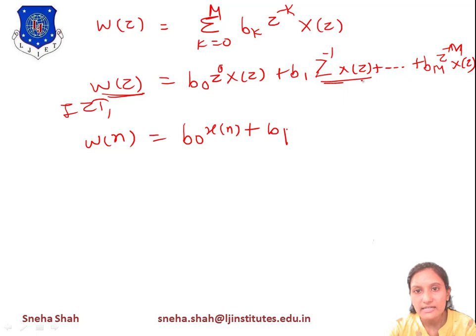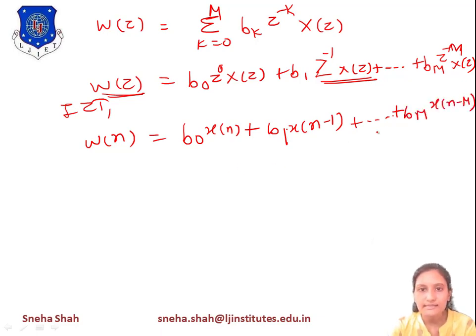Now for z inverse X of z, by using the time shifting property of the z transform, its inverse z transform is x of n minus 1, up to bm x of n minus m. So this is the final value of w of n, right?